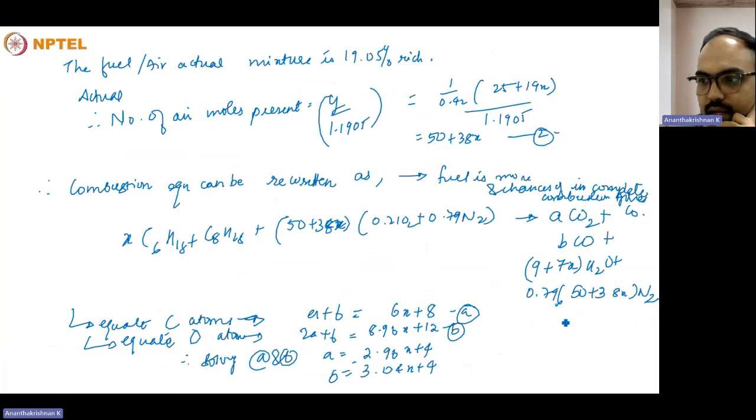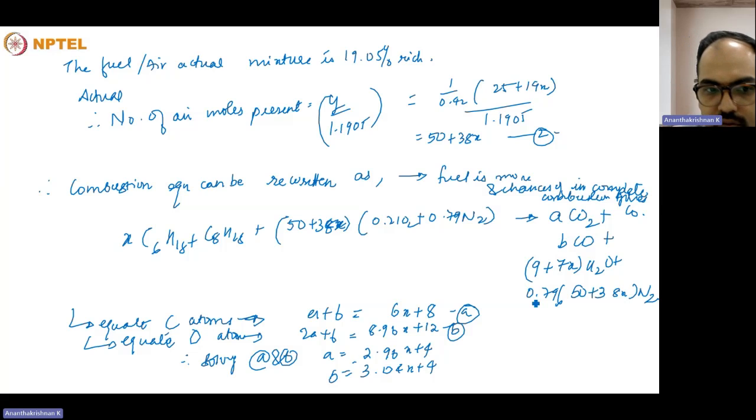So you have to go back and check how many moles are remaining after the heat addition. On the left hand side, we have 50 plus 38x plus x of C6H18 and 1 of C8H18.